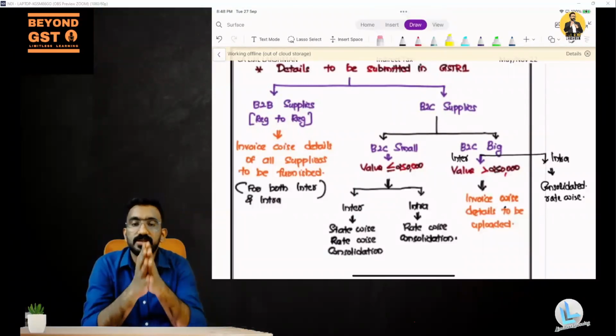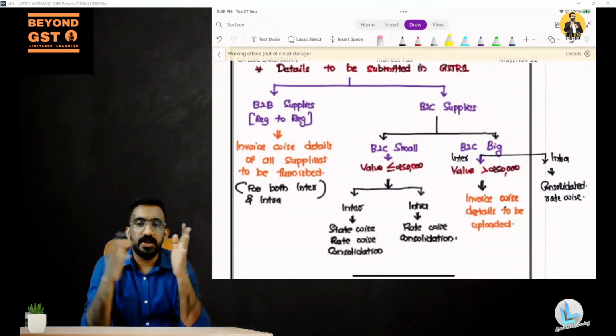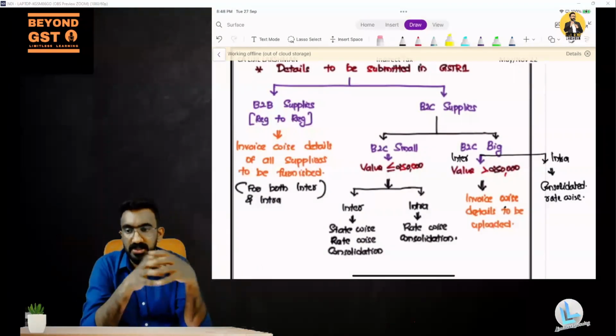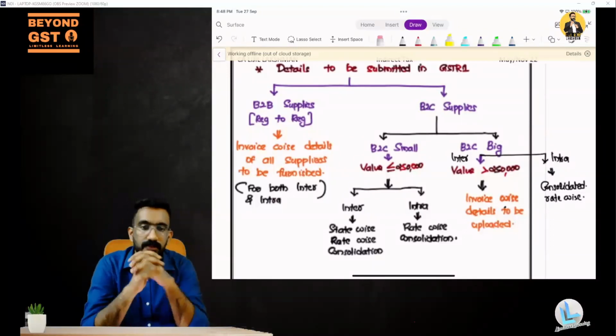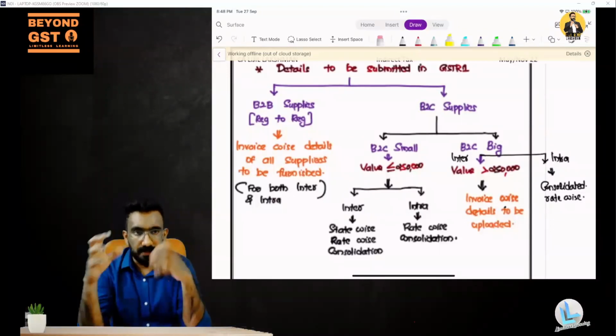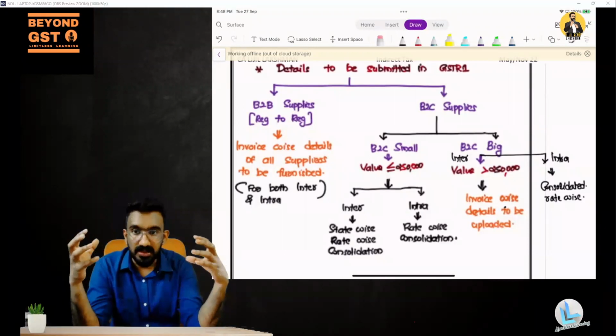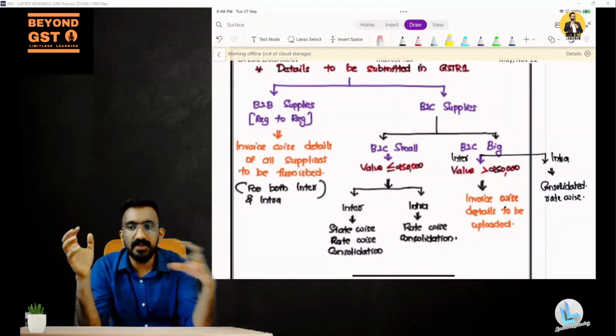Only in case of B2B supplies, when a registered person is making supply to another registered person, there is a question of taking ITC. Because you remember, for you to take ITC, the supplier and recipient have to be registered. Both of them should be GST registered, then only they can take ITC.